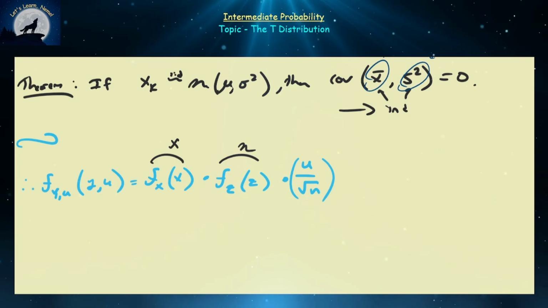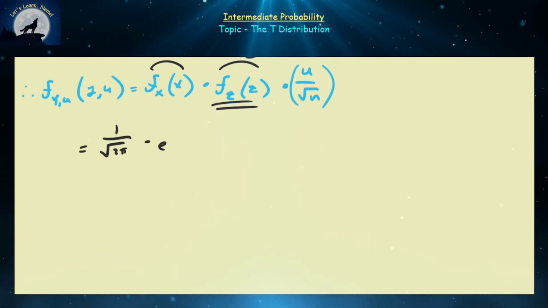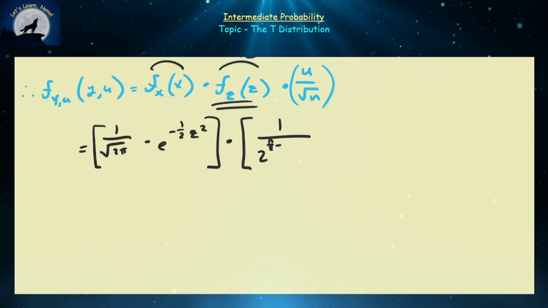So let's just go ahead and plug in our probability density functions. Let's start off with our normal, I guess that's a little bit easier. It is going to be 1 over the square root of 2 pi times e to the minus 1/2 z squared. So it's the probability density function for z, multiplied by, now let's do our chi density function. So again, that's 1 over 2 to the n over 2 minus 1.